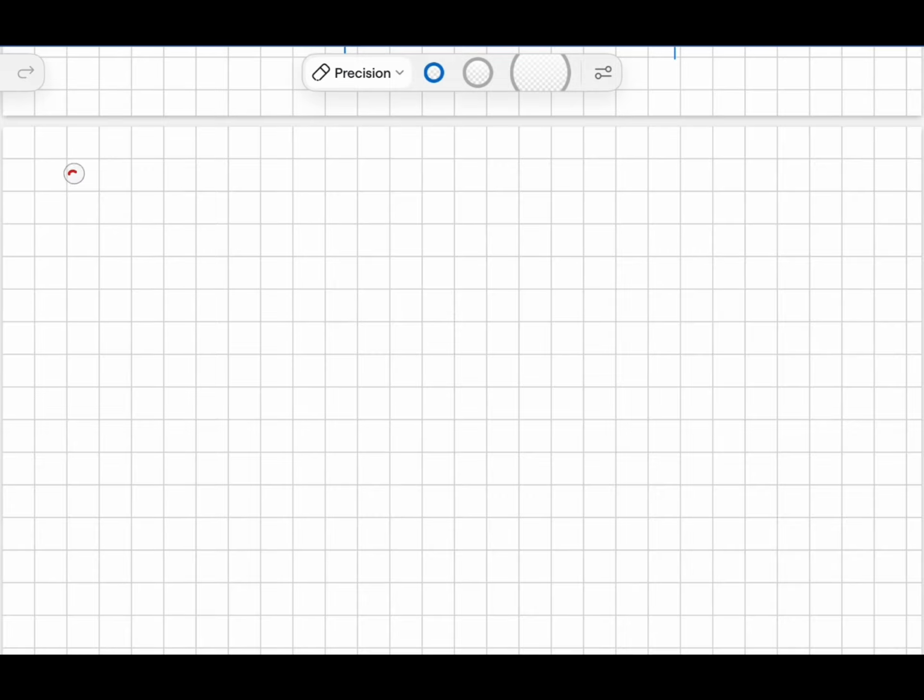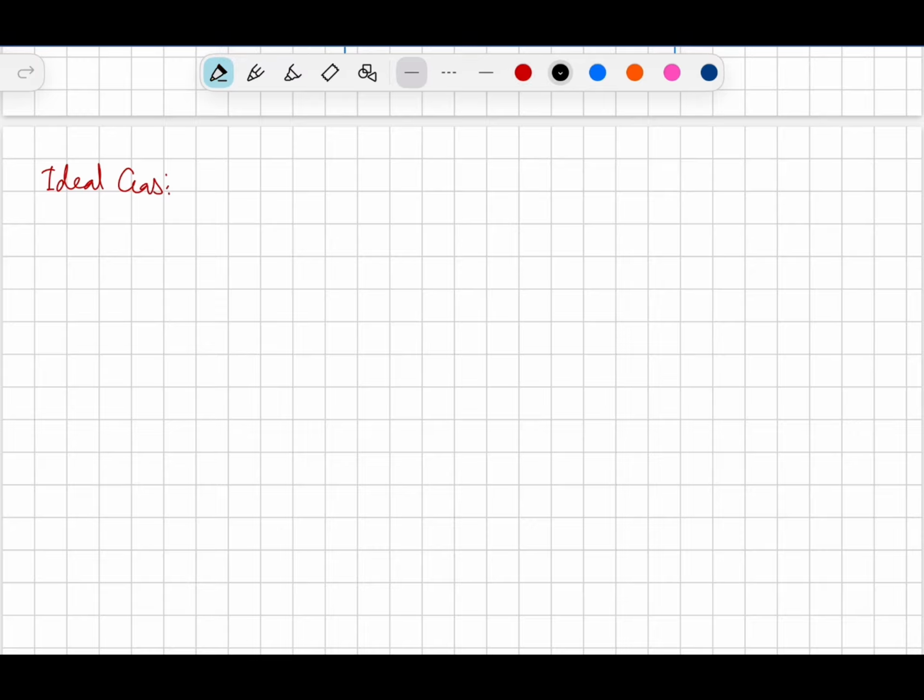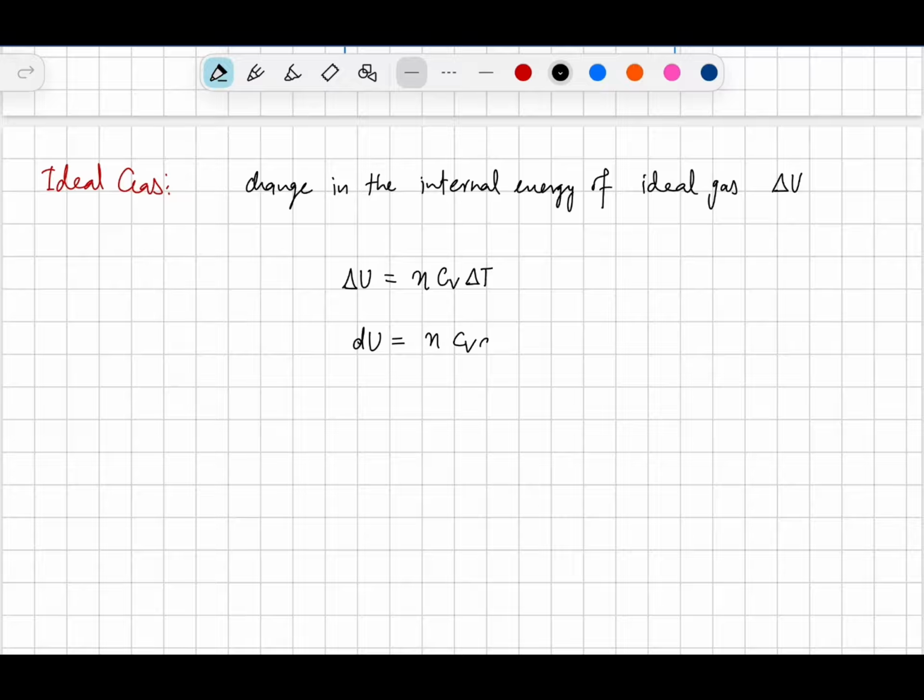So if we come back to the internal energy of the ideal gas, remember we are still talking about ideal gas. The change in the internal energy of an ideal gas, that is delta U, is given by n Cv delta T, or dU equals n Cv dT.